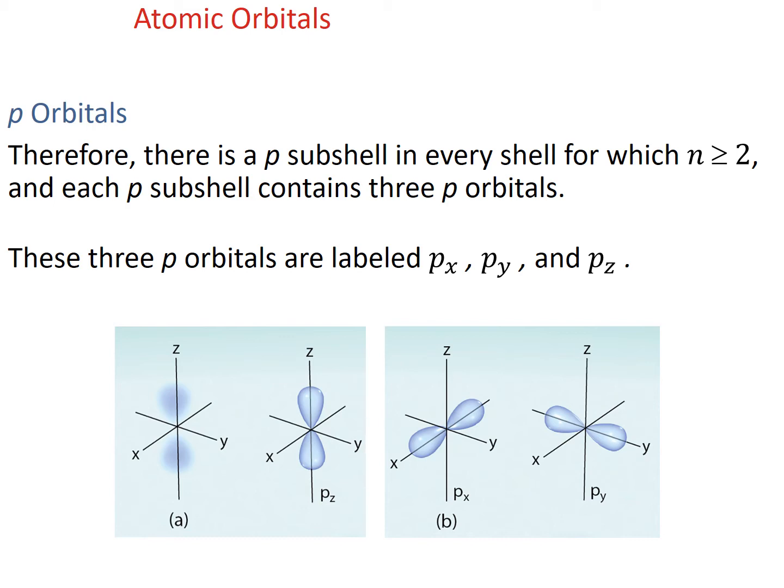And again, remember, we talk about these atomic orbitals more so as electron clouds or probability diagrams of where those electrons are likely to be. So let's say there's a 90% chance that a particular electron in a pz orbital would be in that location. But there would still be a 10% chance that it is outside of that location. So it's just a probability diagram of where that is likely to be.